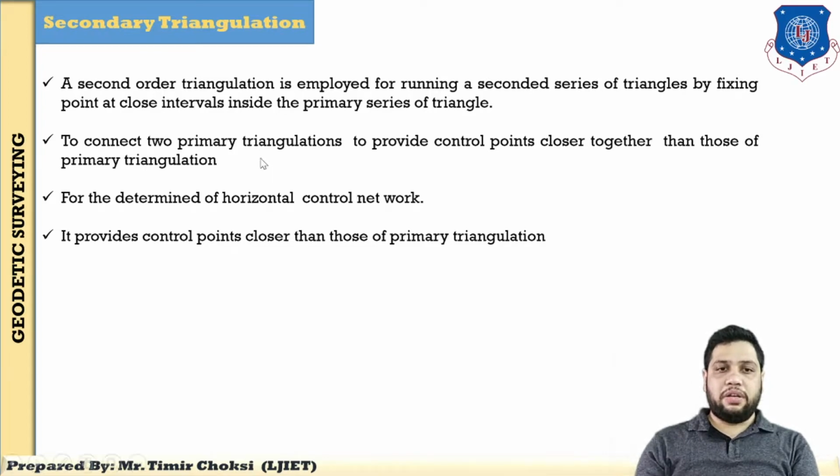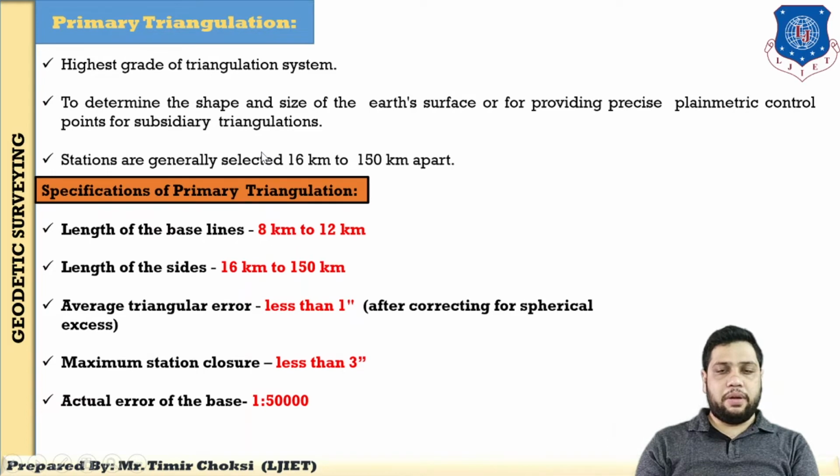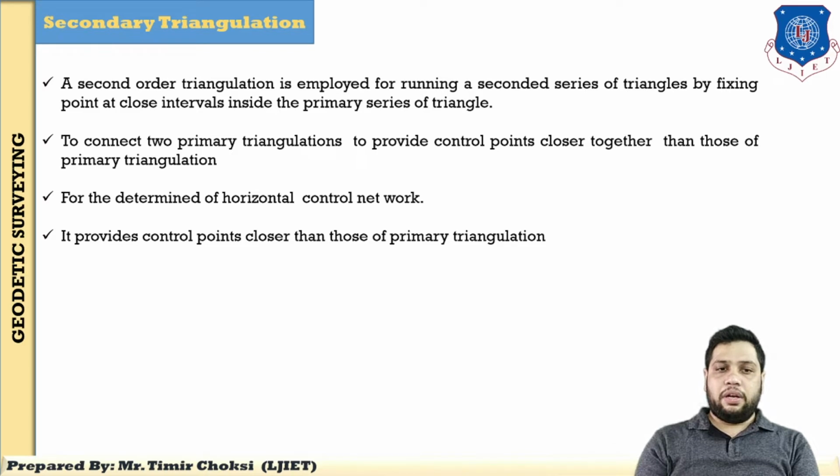In a primary triangulation the accuracy required is higher, but a second order triangulation is employed for running a second series of triangles by fixing points at close intervals inside the primary series of triangles.